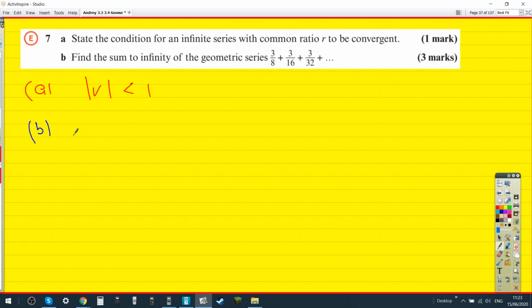So I need to find. So A is 3/8, and r will be 3/8 times something equals 3/16. Yep. And so r will be a half.